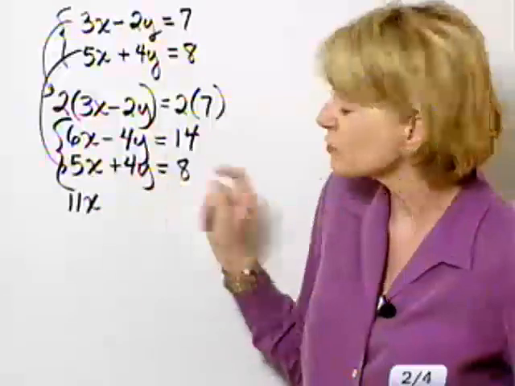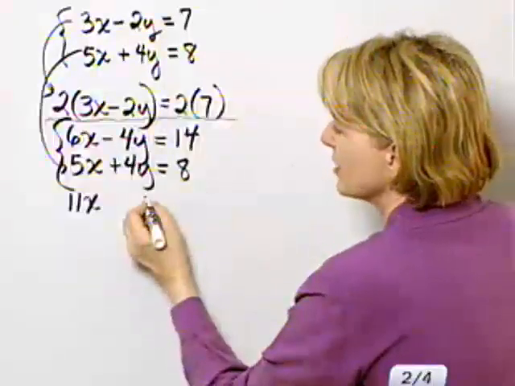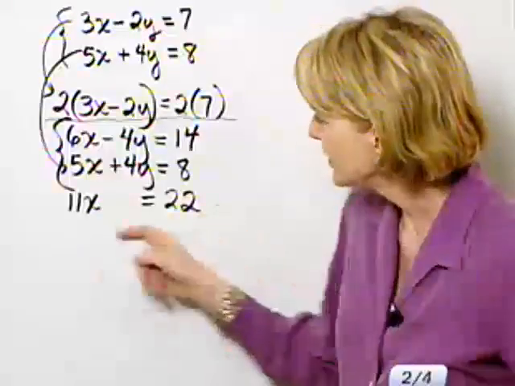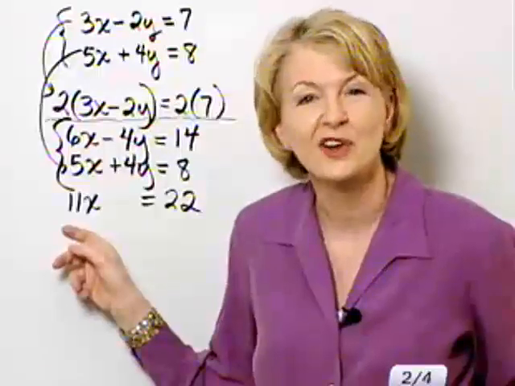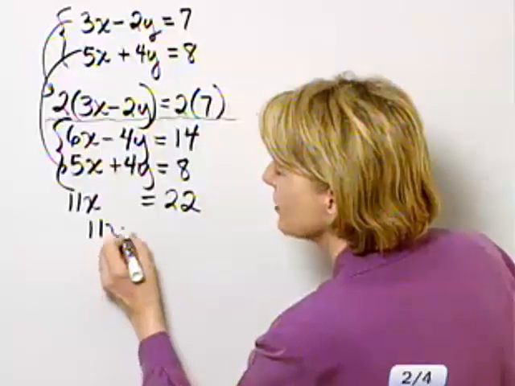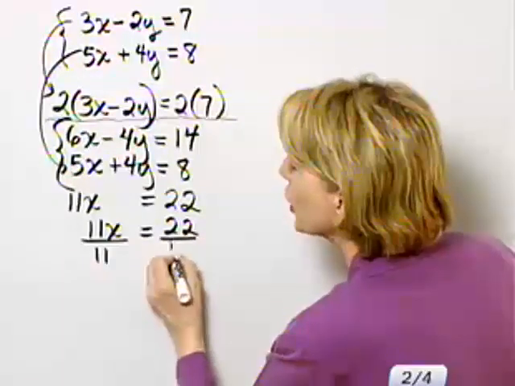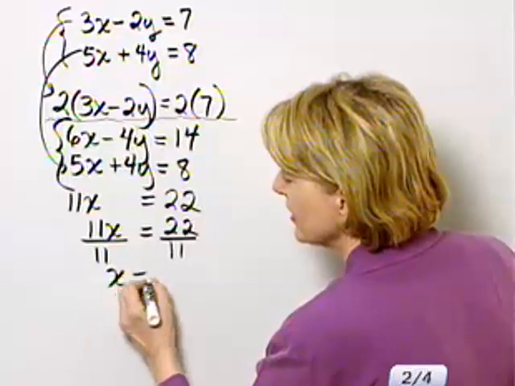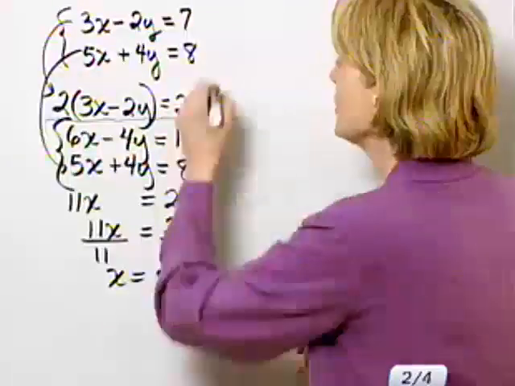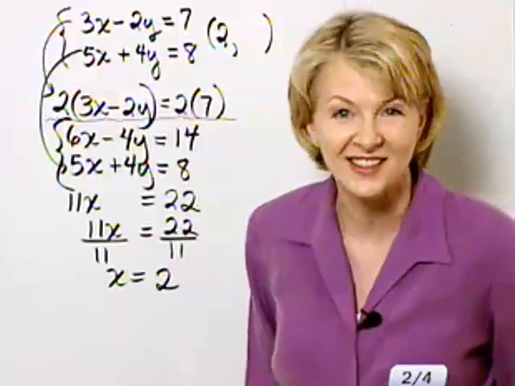The y's subtract out, and I have 11x equals 14 plus 8, that's 22. Now I have an equation in a single variable x. Let's solve this equation for x. Here's my left side, here's my right side. Divide both sides by the coefficient of x, which is 11, and I'll have that x is 2. This is the x value then of the ordered pair solution of that system.